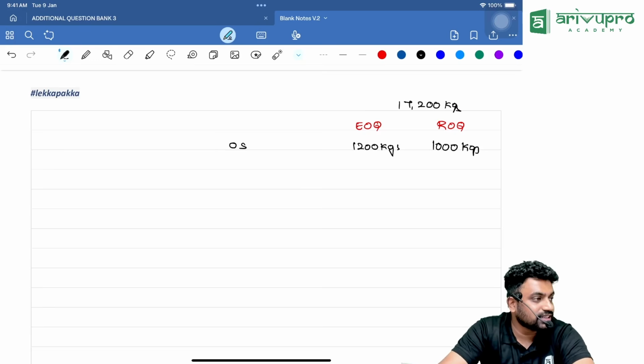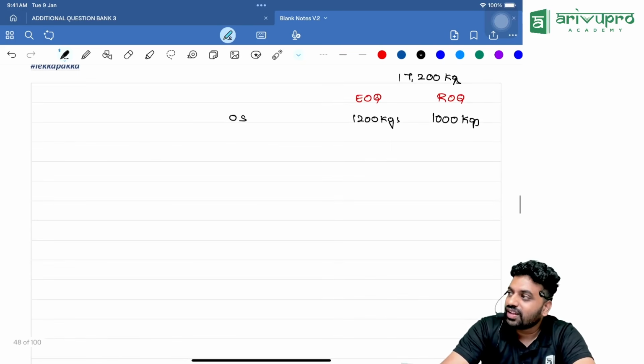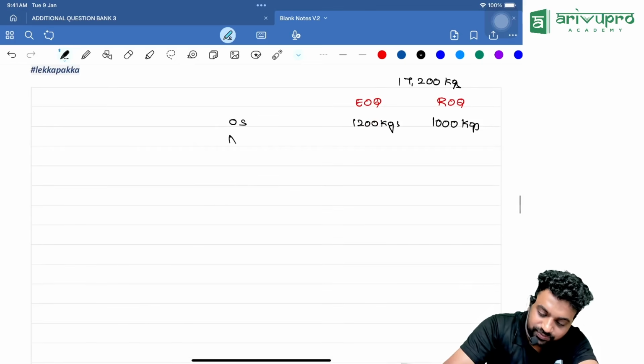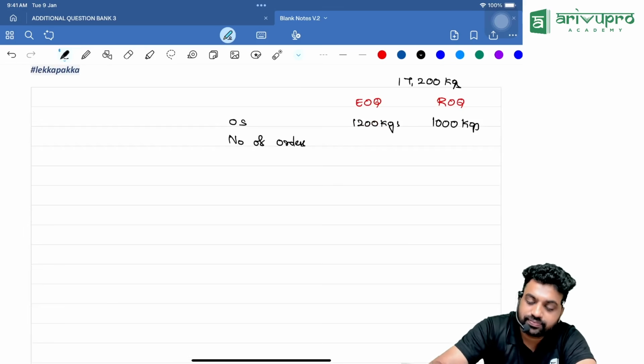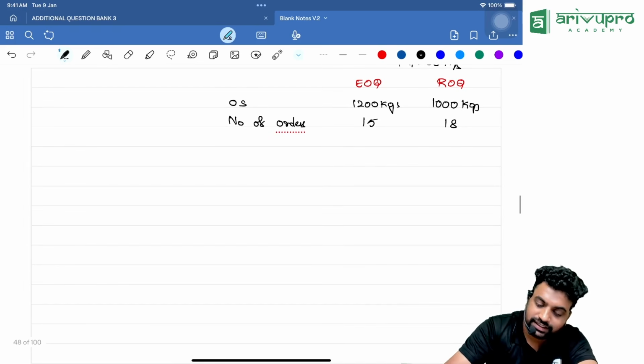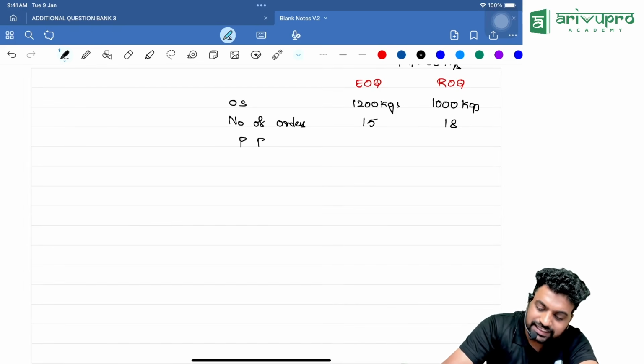Units to be purchased. Cost of purchase. Consumed. Now, order size is that. Next is number of orders. In case of EOQ, 15 orders. In case of ROQ, 18 orders. Purchase price remains same, no?